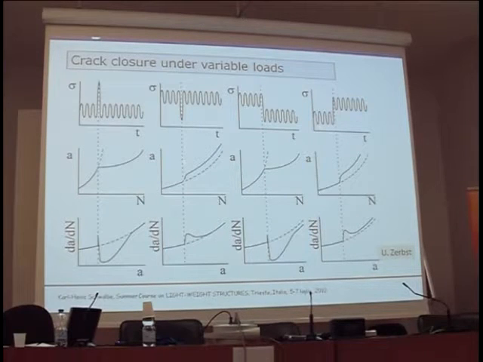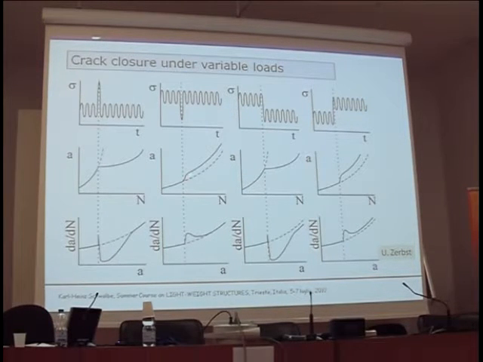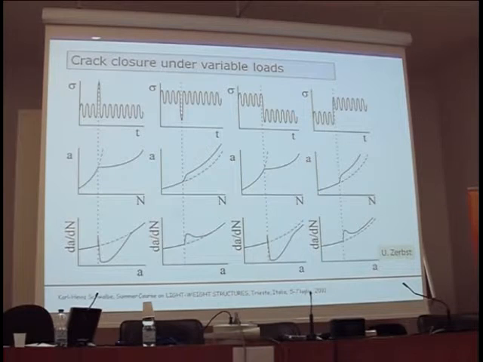And funnily enough, it has an acceleration effect due to the introduction of positive residual stresses, just like compressive pre-loading. Here's the high-low and low-high, and you see what I showed you previously, but also here are the rates. Nothing to add here. My colleague Uwe Zerbst has compiled these diagrams here.